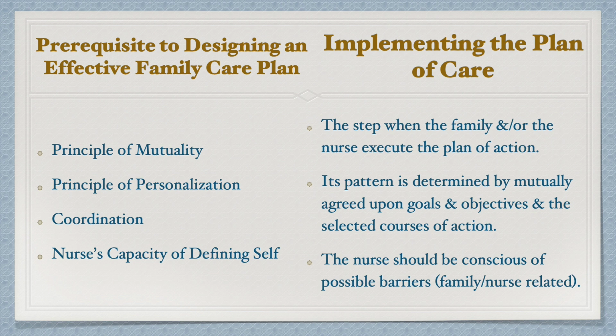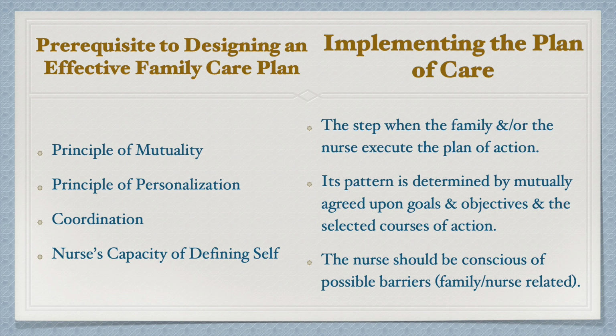Once we have designed the family care plan, we are now to implement that plan of care. Implementing the plan of care is the step when the family and or the nurse execute the plan of action.